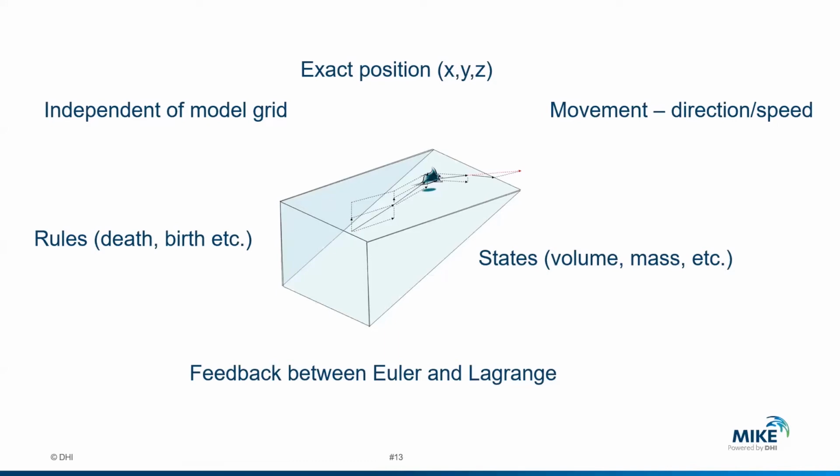Of course, if you don't have a spatially explicit agent-based model, there's no geography in it. It also involves movement, the specification of direction and speed. That's what the agent gets to decide. It involves a lot of states, internal states of the agent.